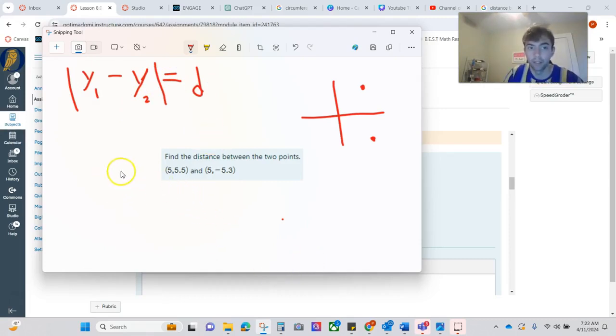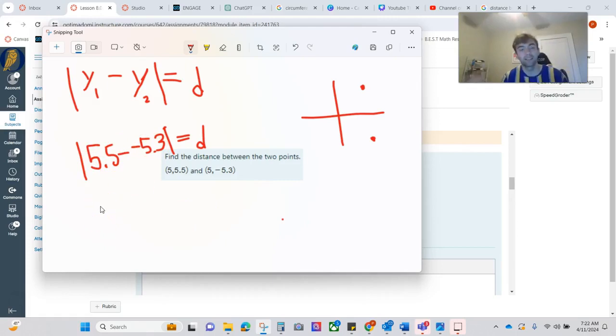Okay, let's put this formula into practice. It doesn't matter which y comes first: 5.5 minus negative 5.3, absolute value of it, will equal the distance. 5.5 minus negative 5.3, well, if I minus a negative, that's the same as plusing.